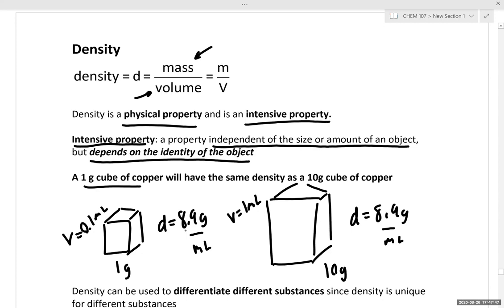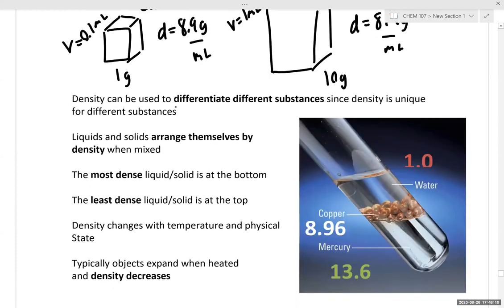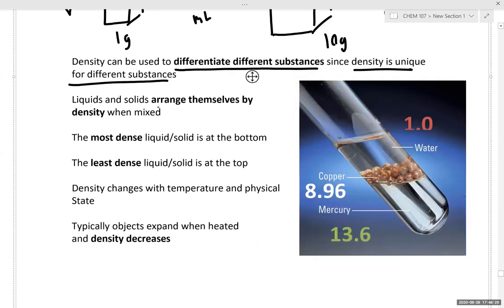The density of an object of the same chemical identity will not change when you change the mass and volume. If it's a cube of copper, regardless whether it's a small cube or a large cube of copper, we will observe the same density. Now, what's really cool is that we can use density to differentiate substances, since density is unique for different substances. If we look at the following picture, we see liquids and solids arrange themselves by density when mixed.